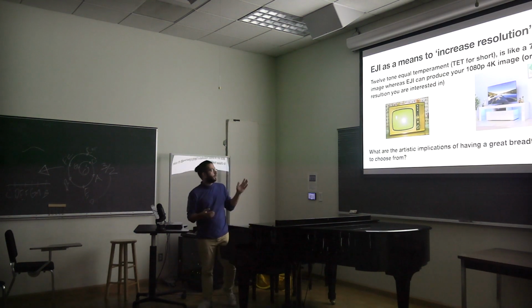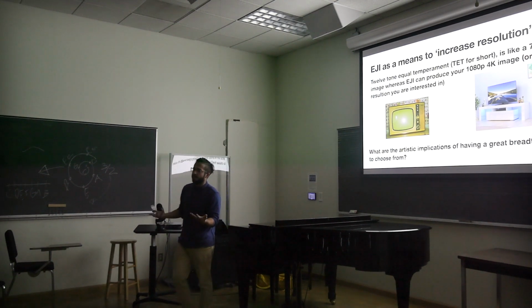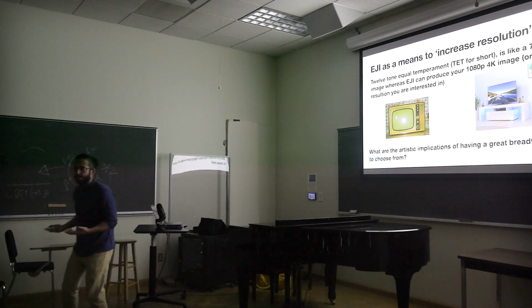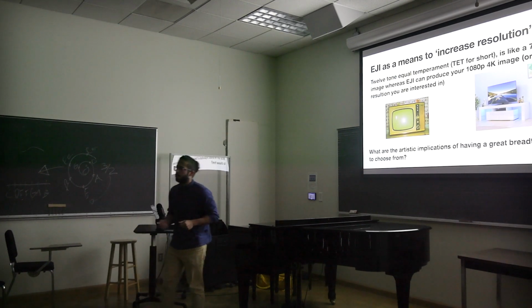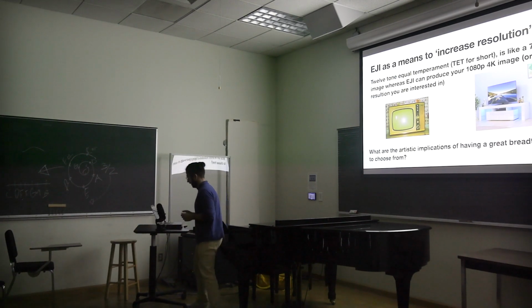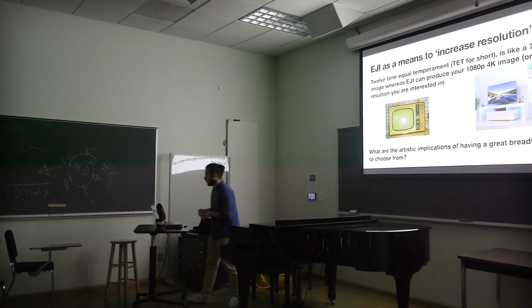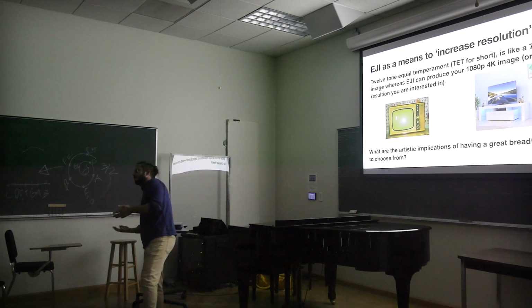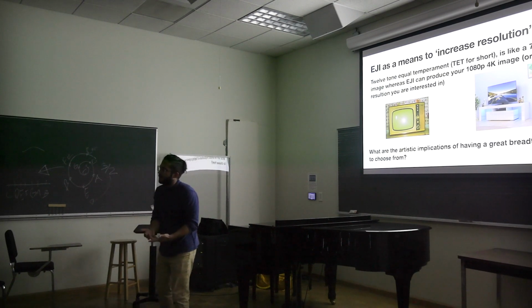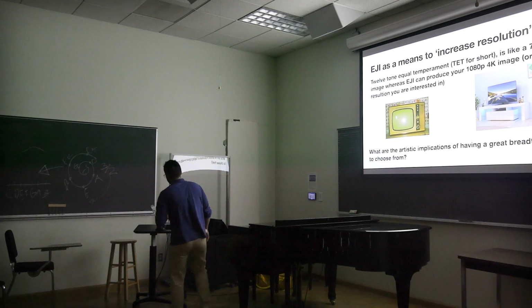So to move forward, what are we going to do with this just intonation thinking? Something I like to think of is using extended just intonation as a means to increase resolution. Like I said just now, if we think of 12-tone equal temperament as 760 DPI, like a YouTube video that is trying to save your network data, it's awesome.